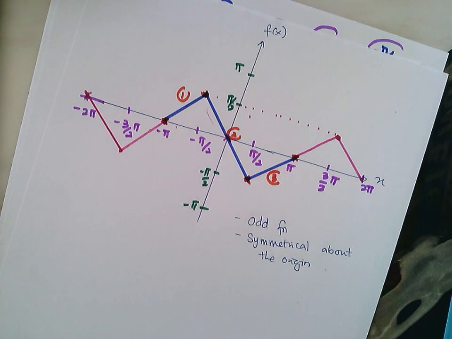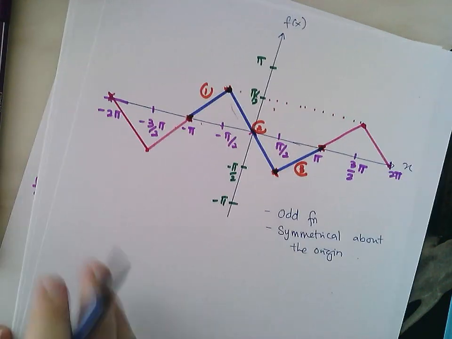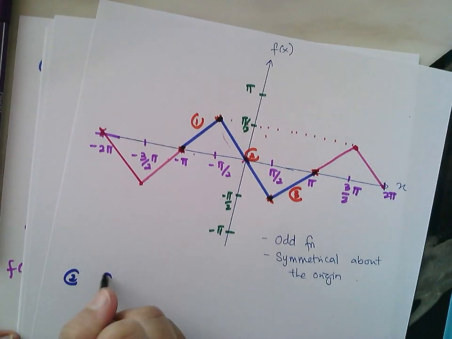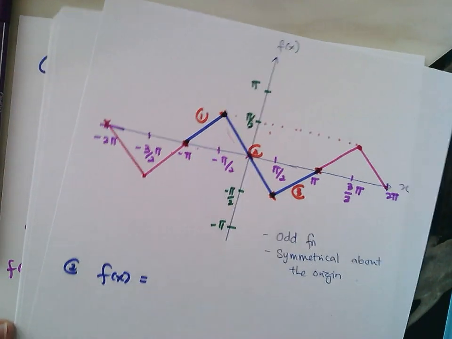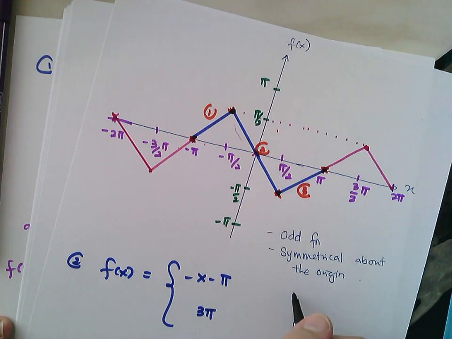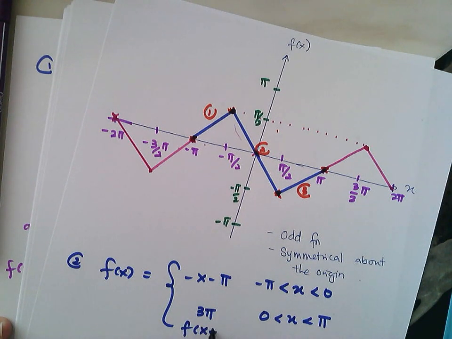Okay, second function, problem number 2, where your f(x) is equal to negative x minus pi for the range x greater than negative pi and less than 0, 3 pi for x greater than 0 and less than pi, and x plus 2 pi for the last range.